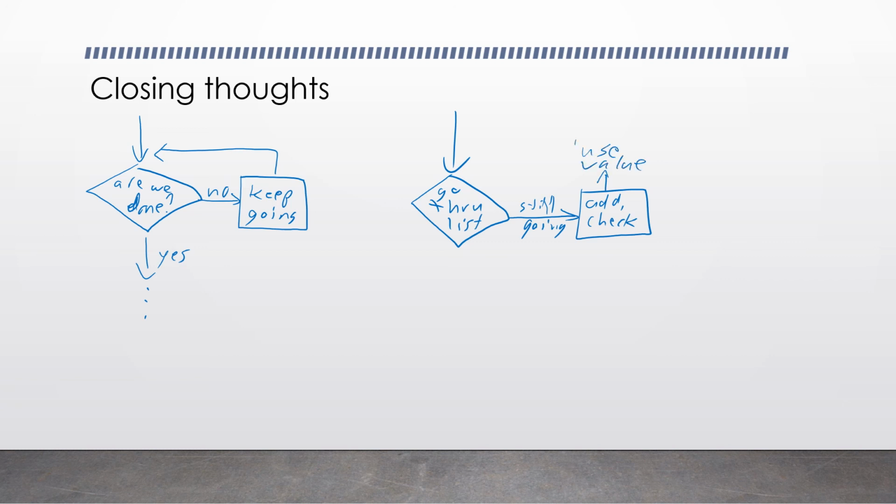Use the value if it passes our check, and then we come back, and when we're done with the list, we move on with our program. We report results. This one, the are-we-done kind, of course, lends itself very well to a while loop. Going through a list lends itself very well to a for loop. Okay. I think you have a good idea now how to use loops, and we're ready to write some really useful programs.